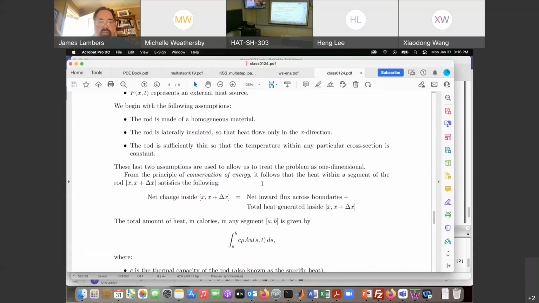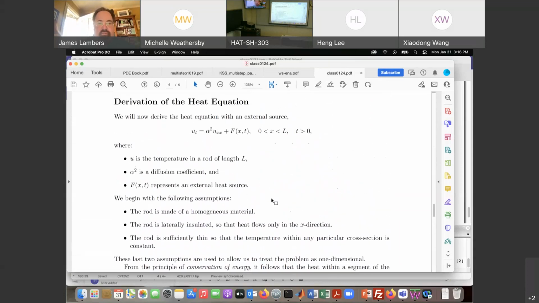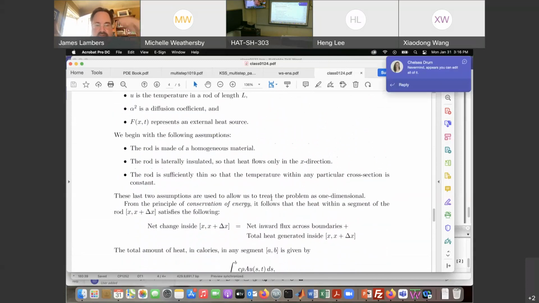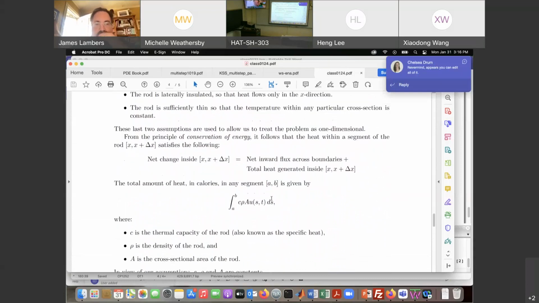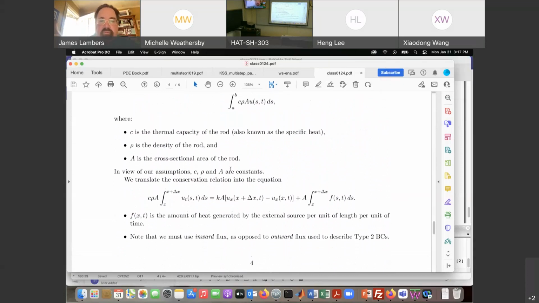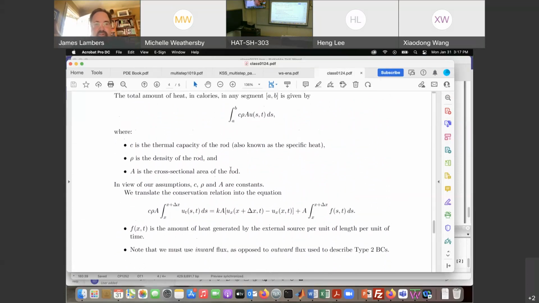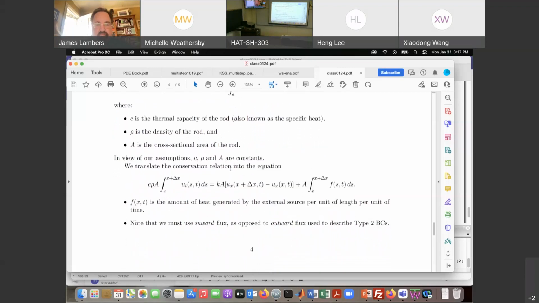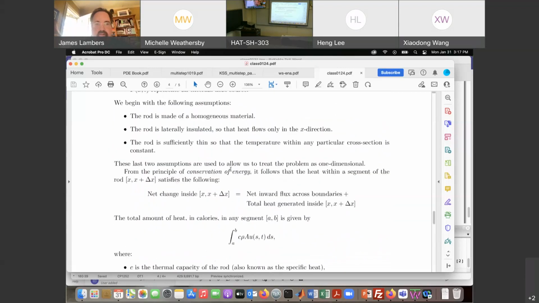Okay, so here's the derivation from before, for a case where we have k being a constant. For the most part, the derivation is going to be the same, except I'm just going to point out where it differs.